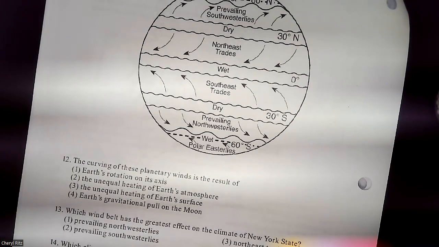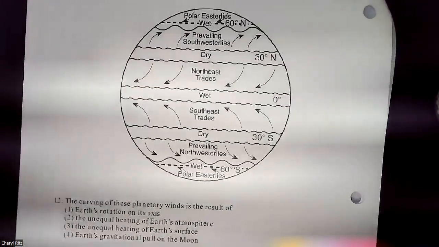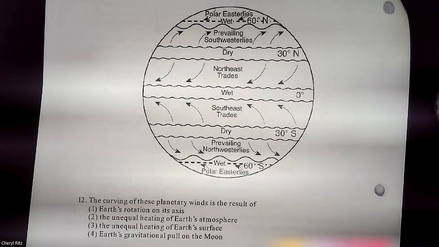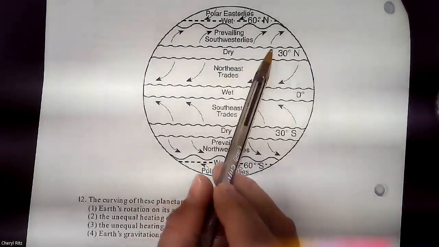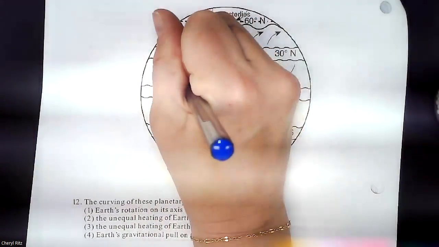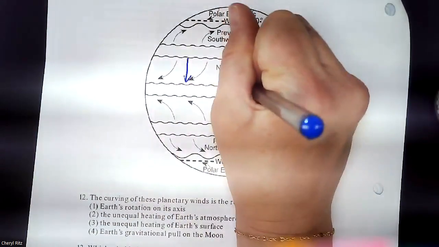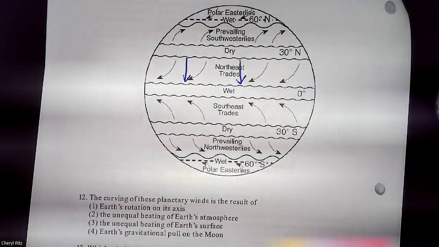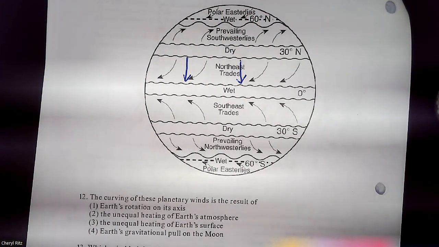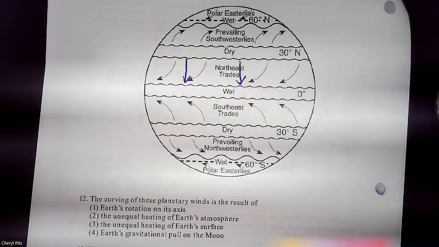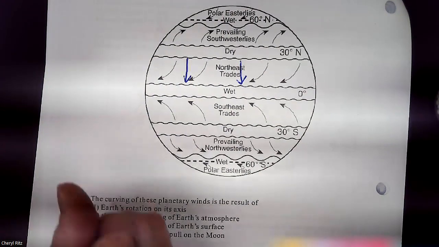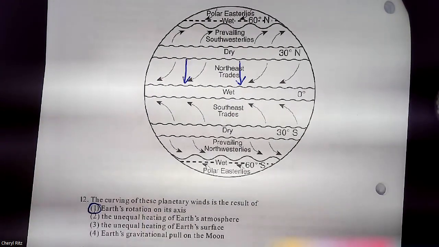Let's start with 12. The curving of these planetary winds is the result of... Notice how they don't go straight down the globe. What about the Earth makes them curve? It's the fact that the Earth is spinning, and that is called the rotation on the Earth's axis.